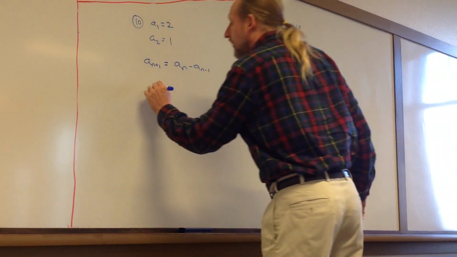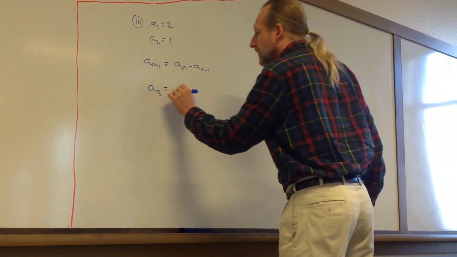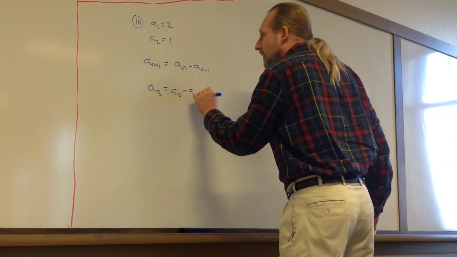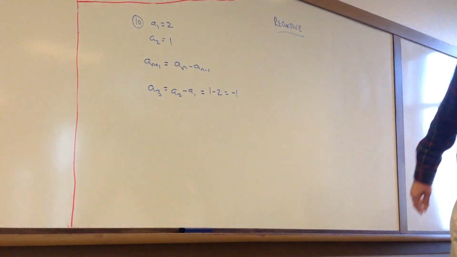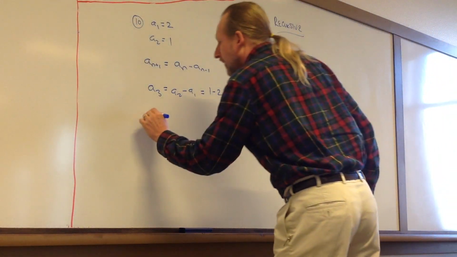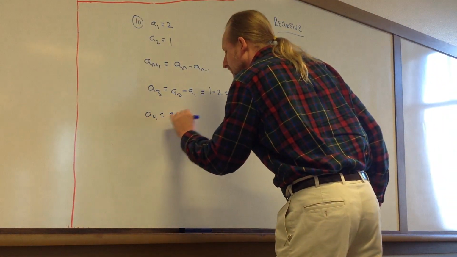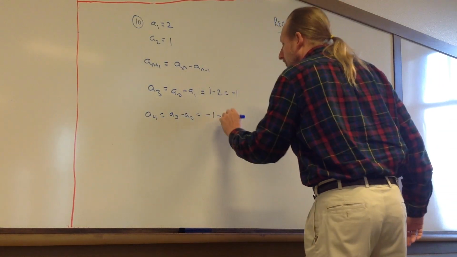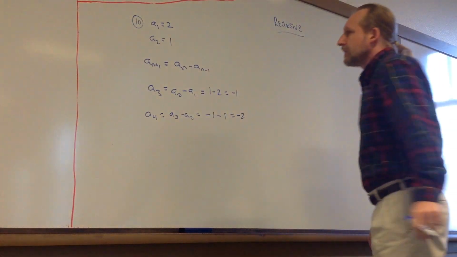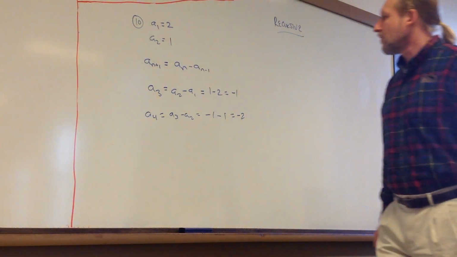So, if we want a sub 3, that's going to be a2 minus a1, which is negative 1. And then a4 is a3 minus a2, or negative 1 minus 1, which is negative 2.